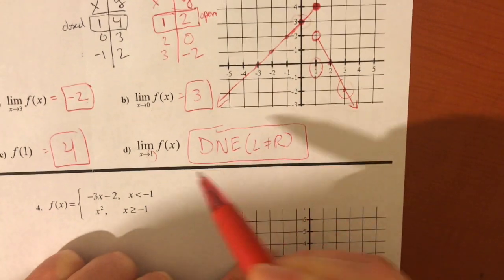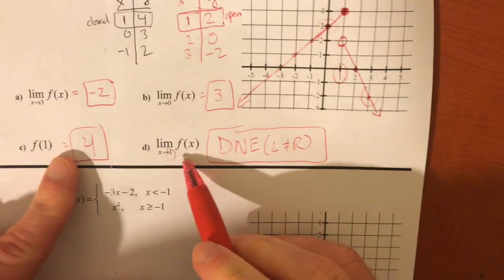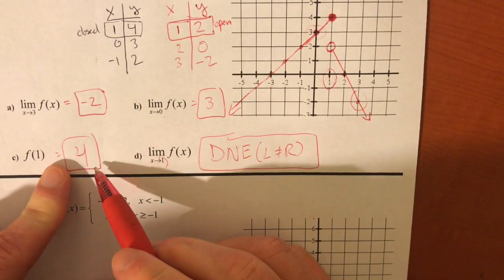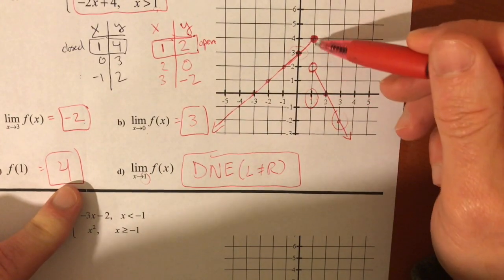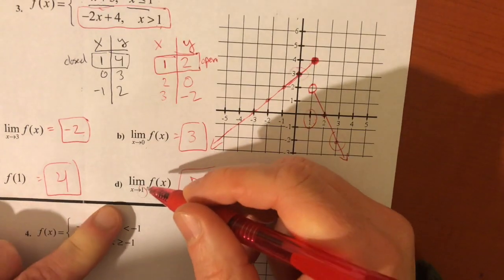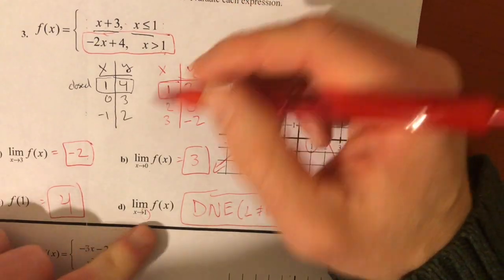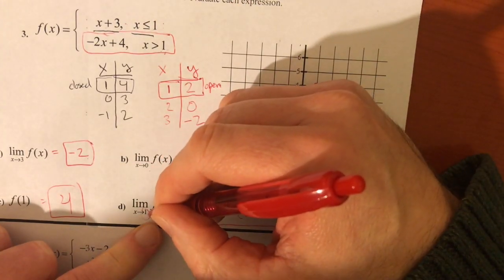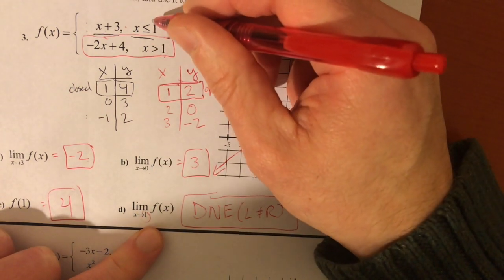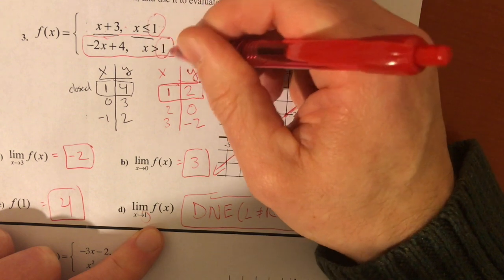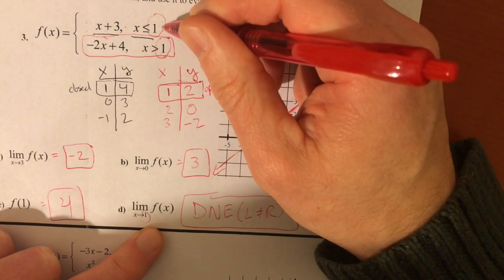And so again, that's just to illustrate the difference here: it's not just saying what is the y value at 1. It's really talking about from the left and the right. So in the future, when we ask for a limit at one of these borderline values, when you see this piecewise, 1 should stand out as a special x value.